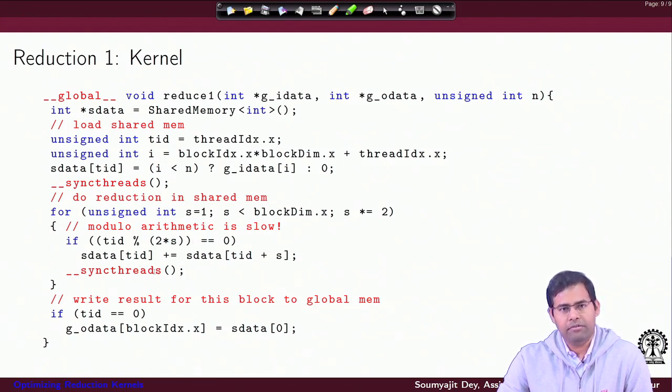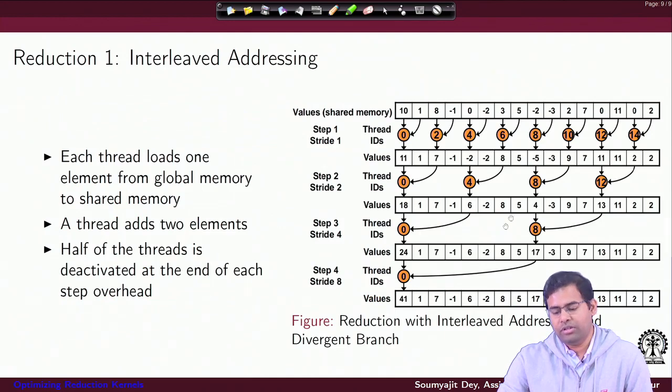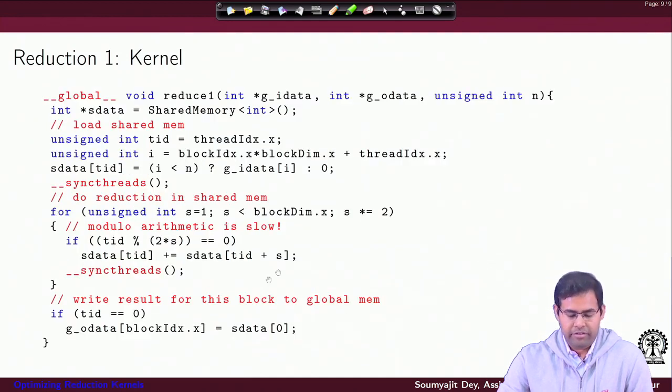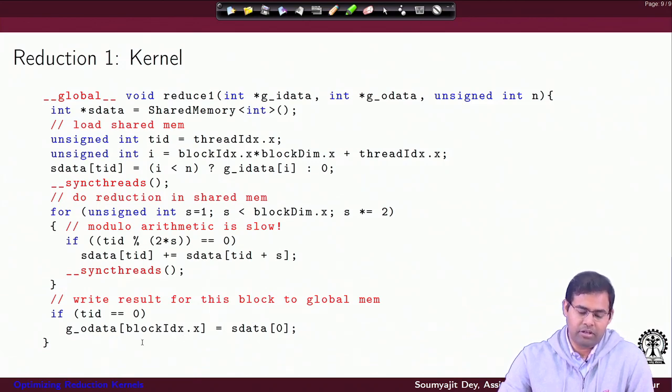If it is active, then you do an addition with a stride of value s, right, and you keep on doing this until your s is up to half of the block dimension. That means you have actually summed up all the values, and you are only at the last level. And then at the last level, you have the value available in sdata[0], which is the final sum, and that is what is returned back into the global memory.